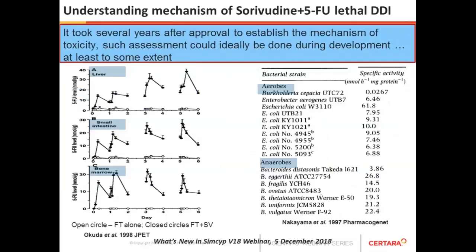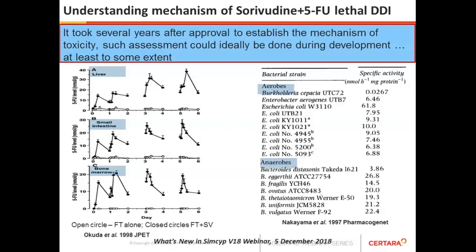Now the question here is that it took several years after the approval to establish the mechanism of toxicity, because the luminal disposition is not routinely assessed within drug development programs, and that had severe consequences after the approval. So I think it's very challenging to have a full characterization of luminal disposition in a drug development program, but there have to be some experiments or some simulations done to understand the impact of luminal disposition on the efficacy and toxicity of new drugs.